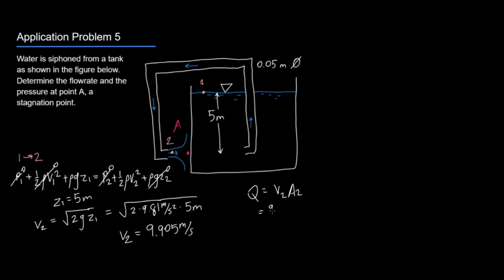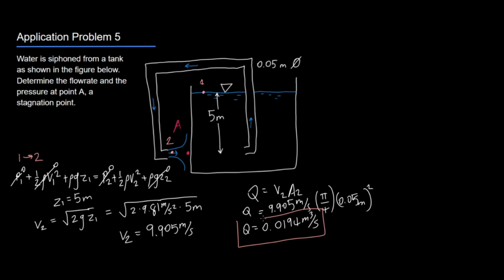So that will be 9.905 meters per second times pi over 4, 0.05 meters squared. So that's Q, and then Q is equal to 0.0194 meters cubed per second. So we're then going to box this, because this is one of our answers. That is the flow rate.